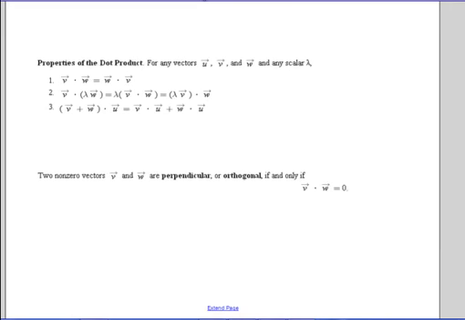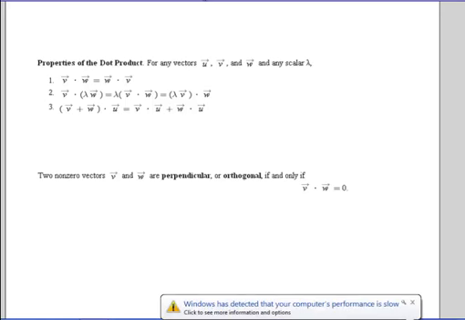All right, well, here are a couple important properties of the dot product. The first is that the multiplication of two vectors being dotted is commutative.